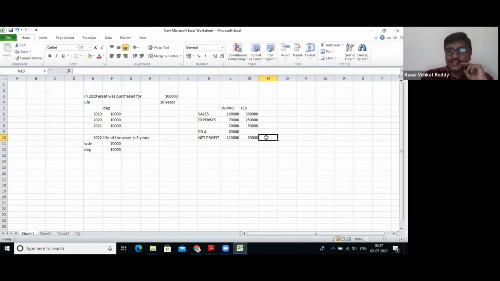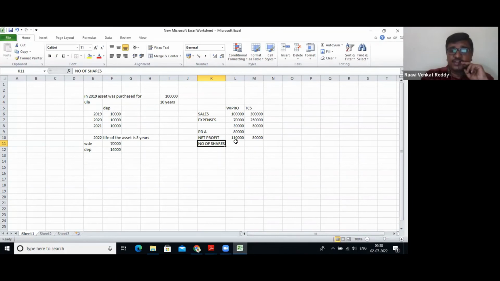Now let us assume the number of shares in these two companies. The Wipro company total issued shares are 10,000 and TCS company shares are also 10,000.